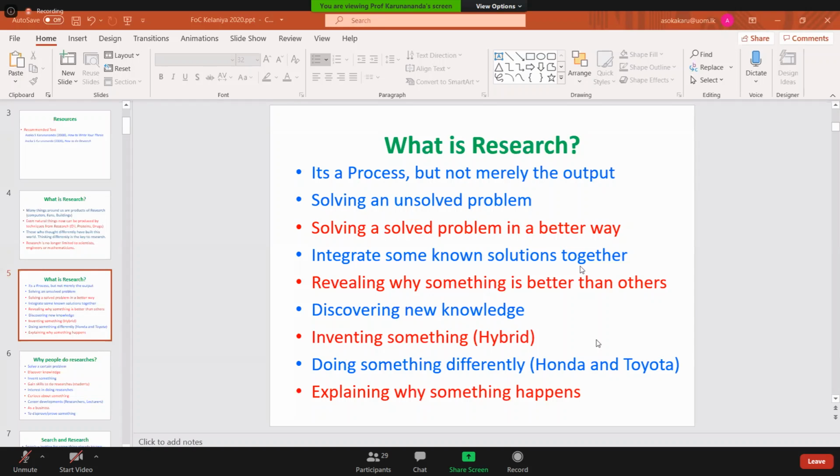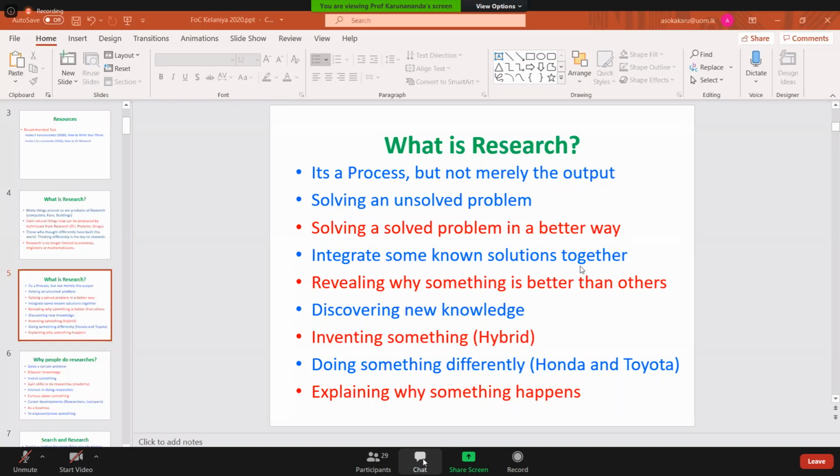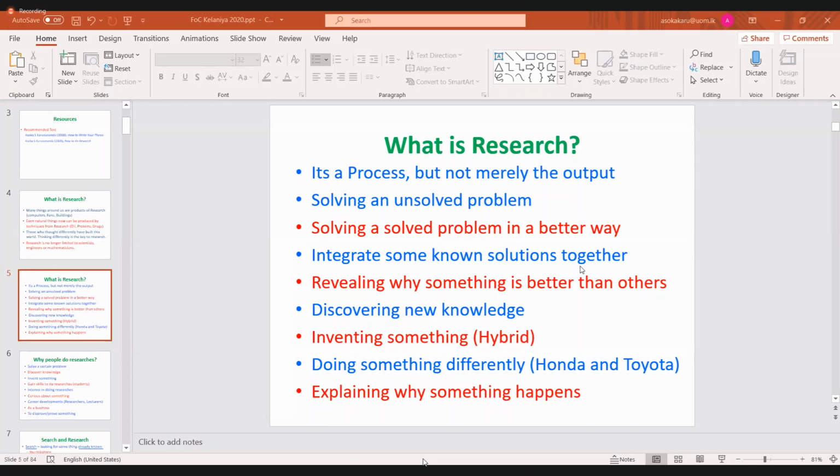Okay. Then another one, revealing why something is better than the others. Very important, simple research. Give me an example where people reveal something is better than the others. Actually, in market research, you can do research about the sales of toothpaste over the last 6 months or whatever.